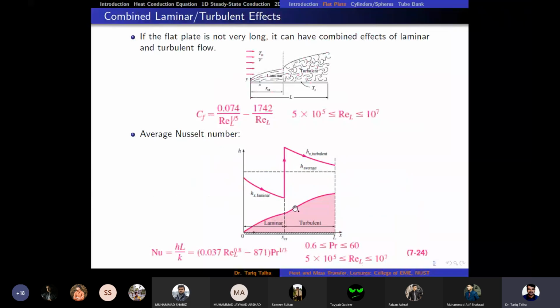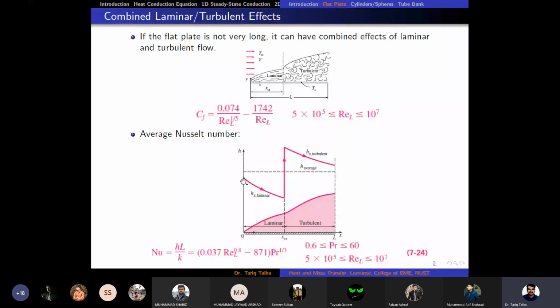If you see this curve, you can easily see that the h value or the Nusselt number value for the laminar flow is less compared to the turbulent flow, because in turbulent flow there is rapid mixing of heat due to the chaotic motion. So in that case, Nusselt number or h value is quite high.